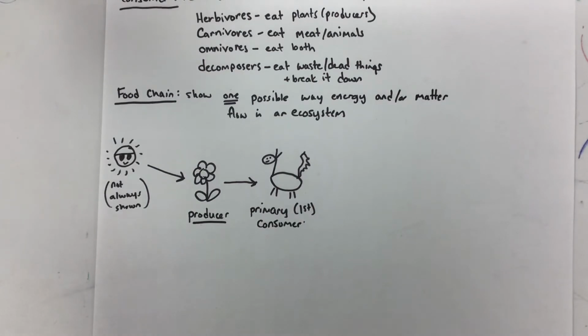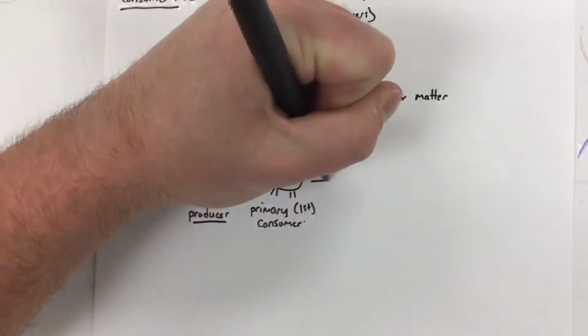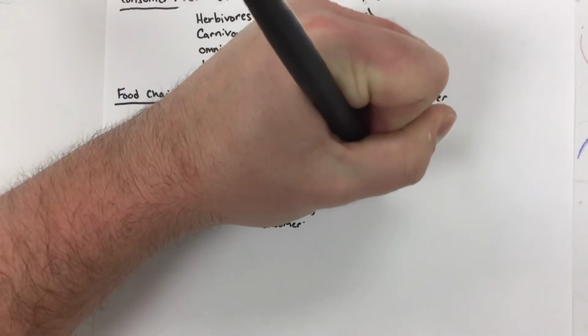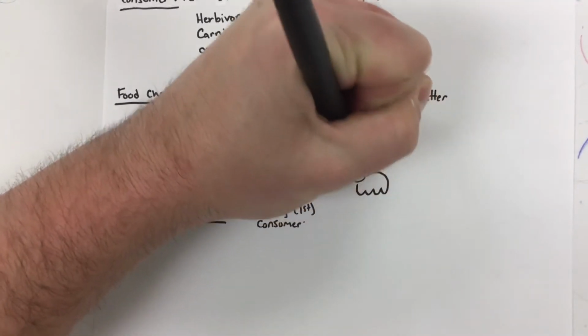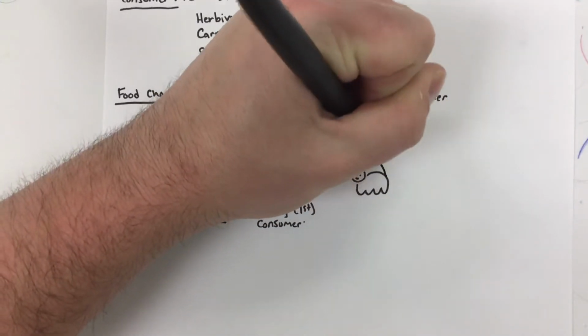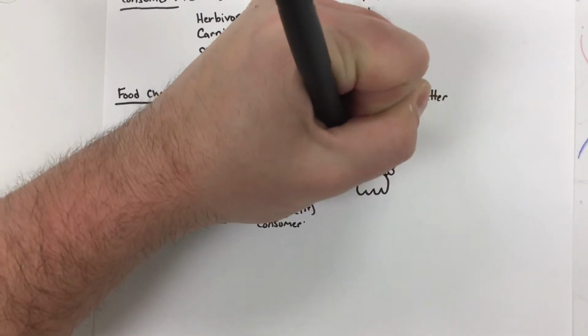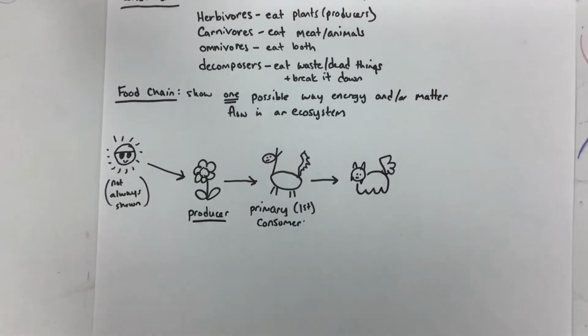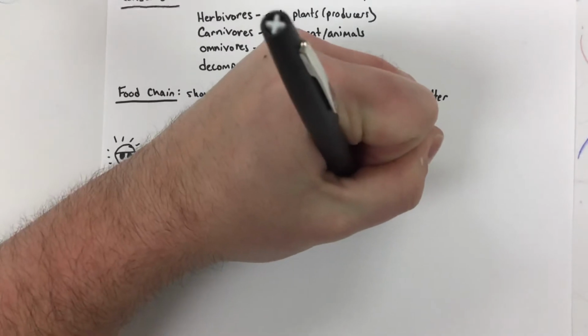Okay? And then the thing that eats the primary consumer, my saber-toothed squirrel, what do you think we call that? Secondary consumer, good.